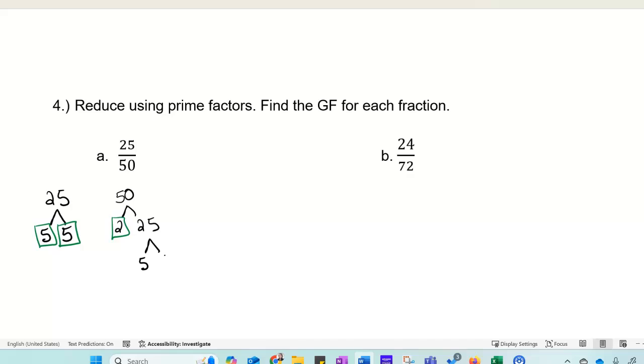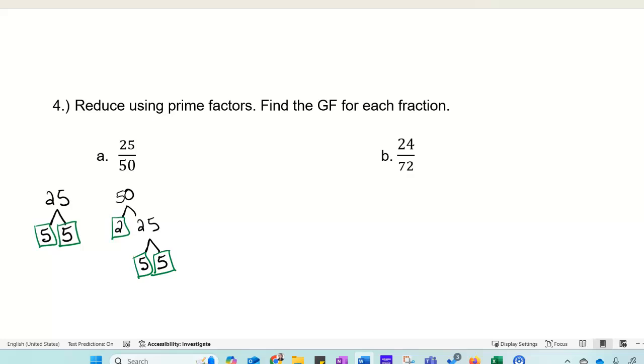And that is 5 times 5. Now notice that I'm putting boxes around my prime factors. The reason that I do that is it's really easy to accidentally drop a factor if you don't have something marked. Okay, so make sure that you include those so you don't accidentally drop something as you're recopying.